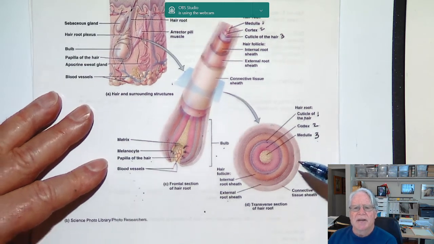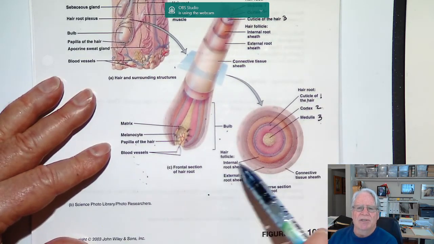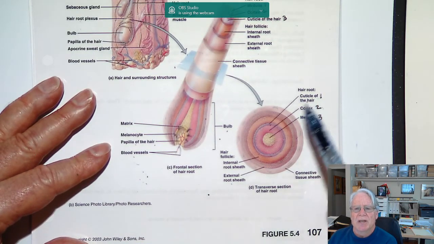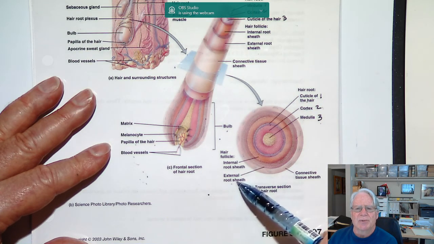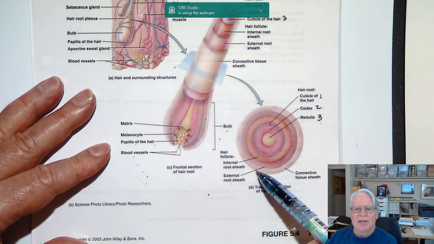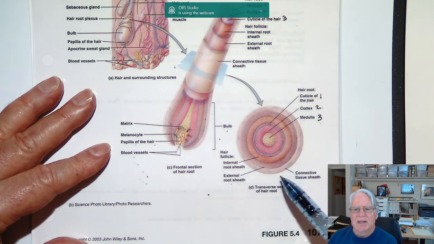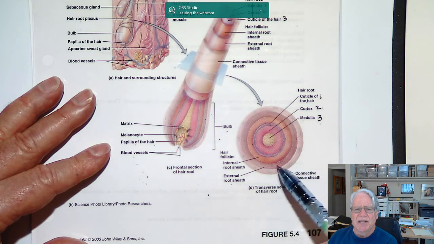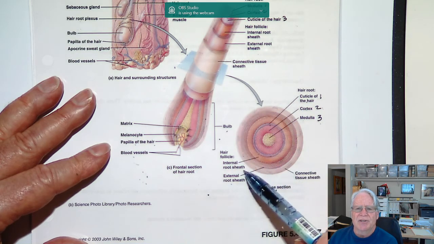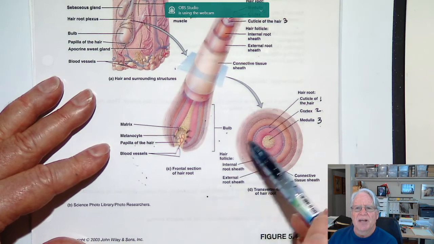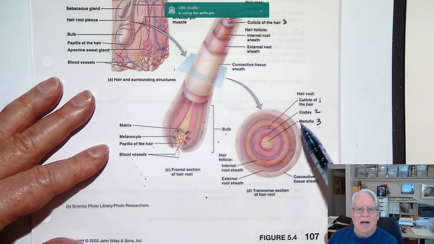And then there is the hair follicle, which surrounds the hair root, and that is the internal root sheath and the external root sheath. And then surrounding all of that is this connective tissue sheath that is actually part of the dermis. So this is just the dermis arranged in a circle around the hair follicle and the hair root.